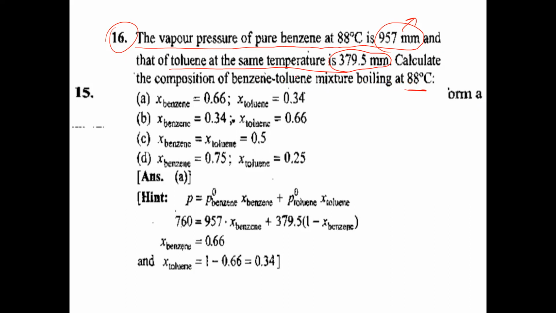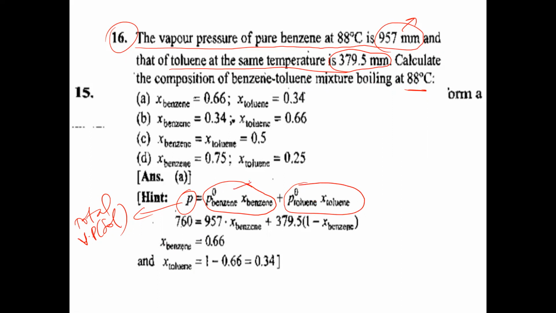At 88 degrees Celsius this mixture is boiling. Then what will be the composition of vapors of benzene and vapors of toluene? They ask. Okay, so the hint is that the total vapor pressure of the solution is equal to the partial vapor pressure of benzene plus the partial vapor pressure of toluene.